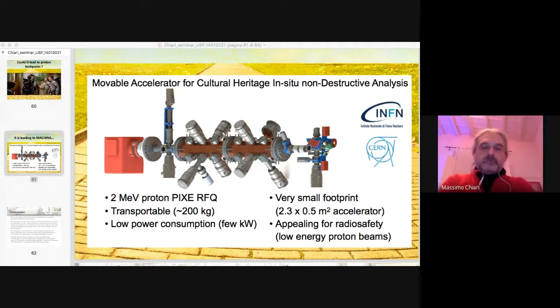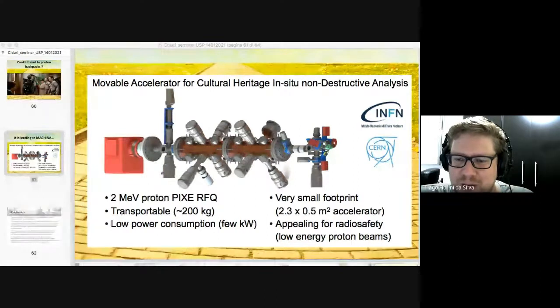That's why we are always investing in speeding up the data processing with artificial intelligence and so on. In the places where we find collaborators, we do the measurements, and then we spend a lot of time doing the data processing.